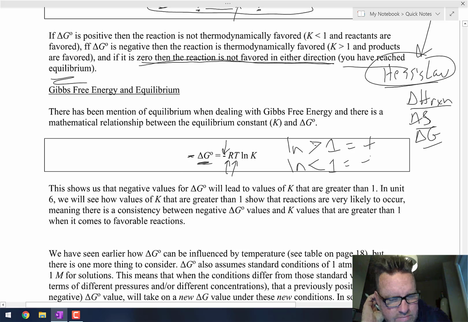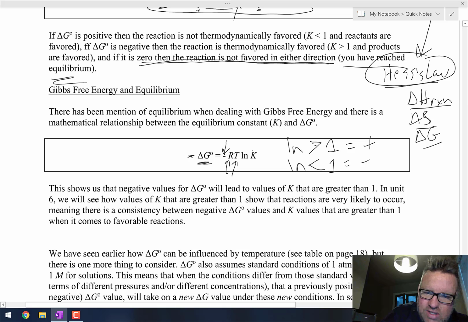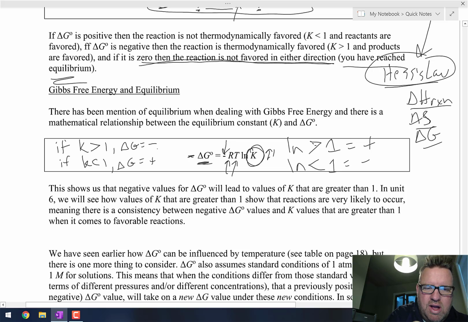And so what this tells you is that when the equilibrium constant is greater than 1, then delta G is going to be negative. So if K is greater than 1, then delta G is negative. If K is less than 1, then delta G is positive.